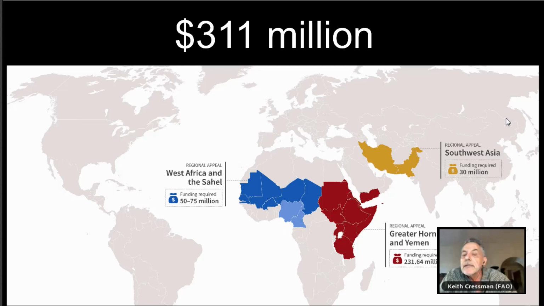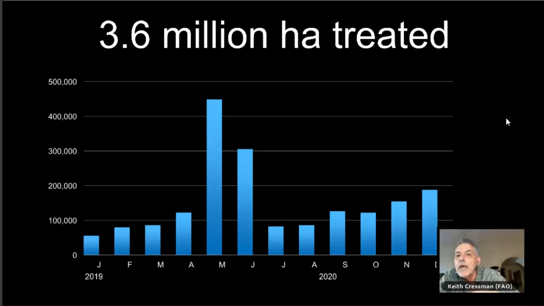So again, this is the confluence of the very rapid increase of reproduction potential of locusts, as well as the geographical spread of locusts.